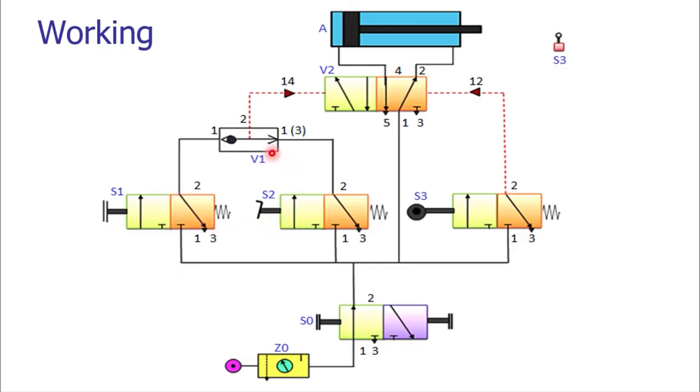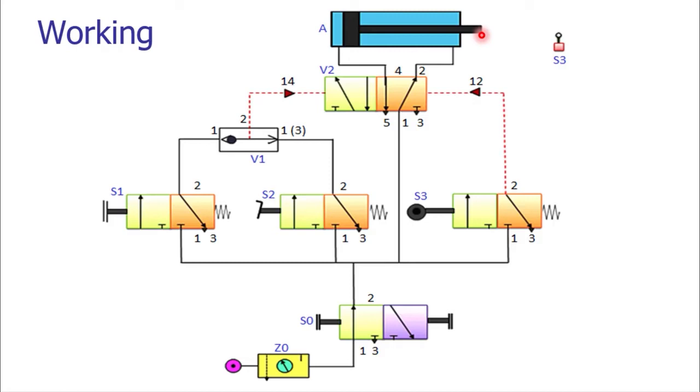Instead of blocking the foot pedal valve, now there would be blockage of the push button valve. The ball will move from right to left and the push button valve will be blocked, and the compressed air will be given to the DCV via the shuttle valve.